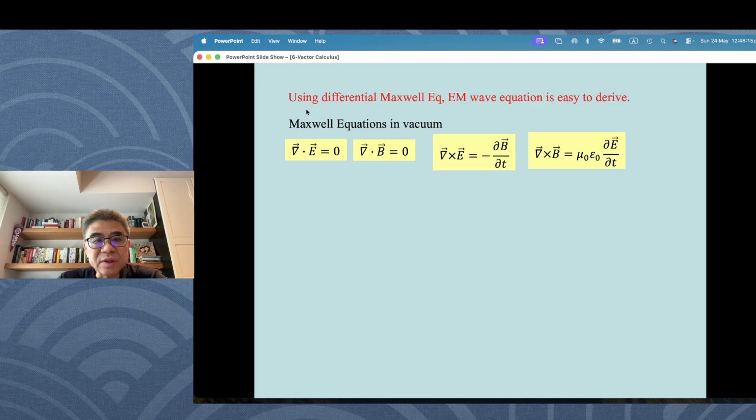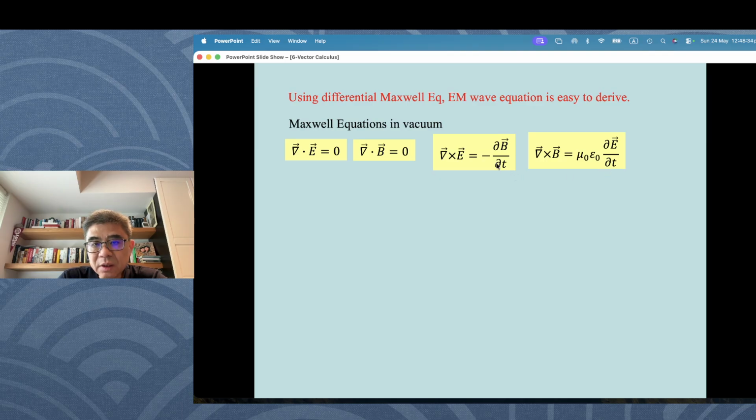So let's start with the Maxwell equations in vacuum. In vacuum, there is no charge and no current, so you get rid of rho and you get rid of J. The only things you have are partial B partial t and partial E partial t.